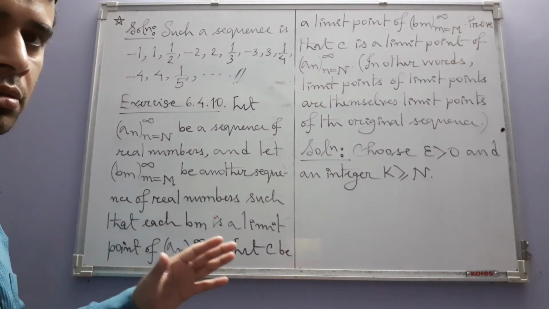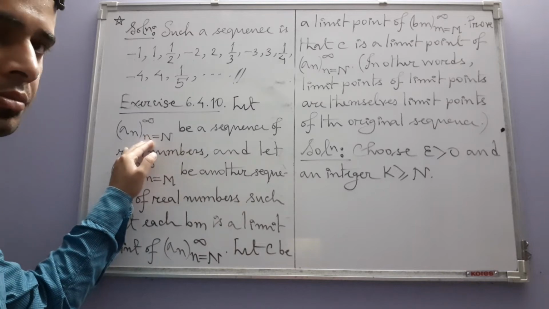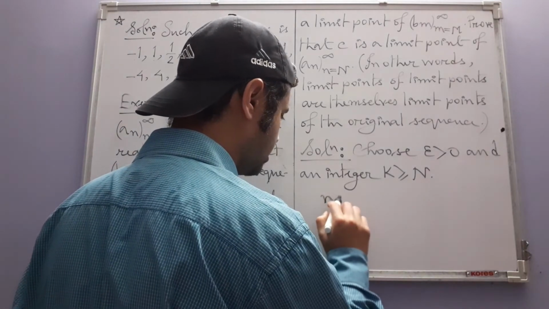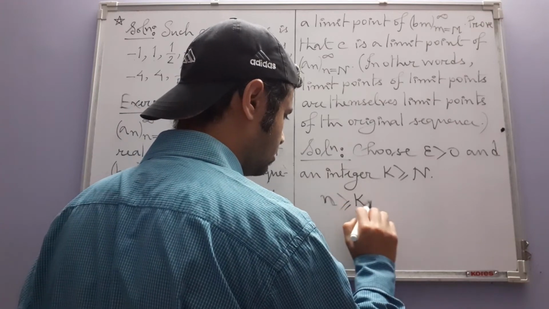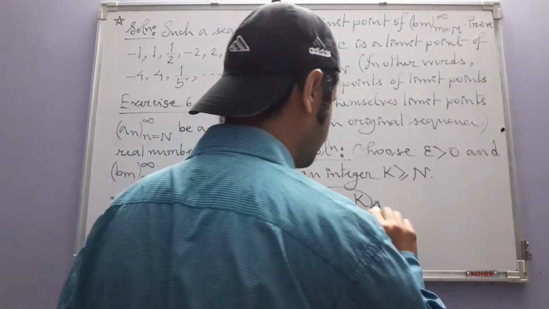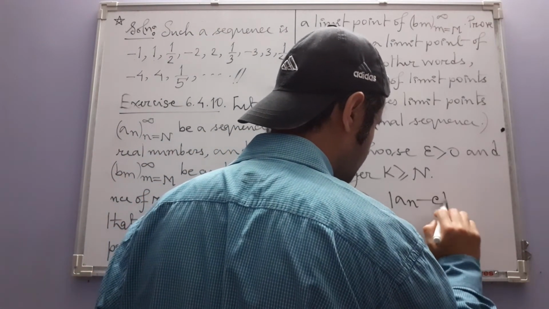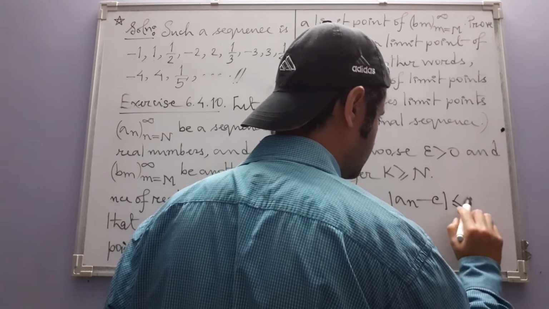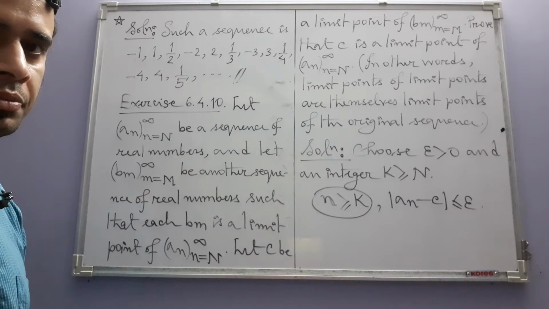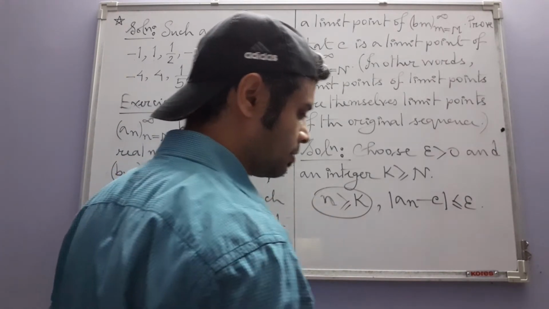What we have to show in order to conclude that C is the limit point of this is that there exists an integer n greater than or equal to k for which the distance between an and C is less than or equal to epsilon. This is what we have to show. So we will now search for this n.